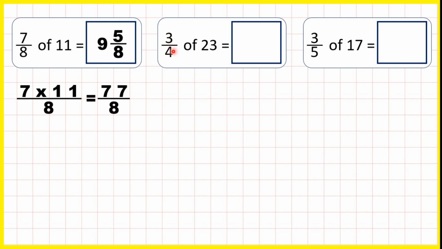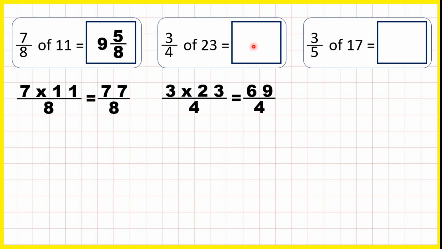Now we need to find 3/4 of 23. We can't divide 23 by 4 without getting a remainder, so instead we're going to multiply 3 by 23 and then divide by 4. 3 times 23 is 69, so we have 69 over 4.